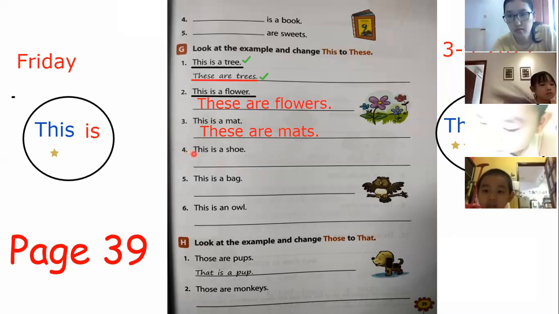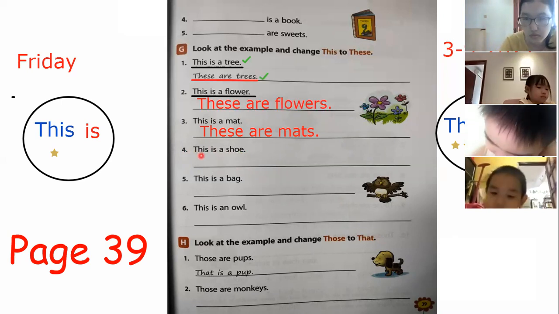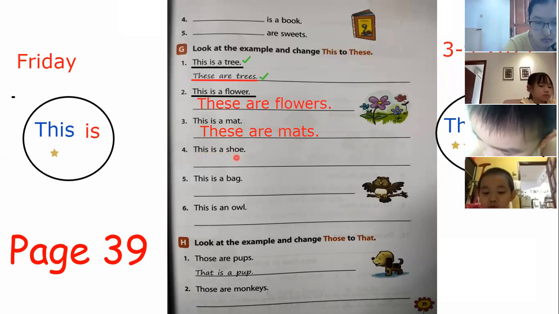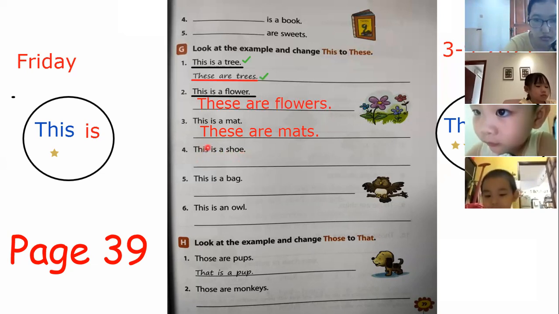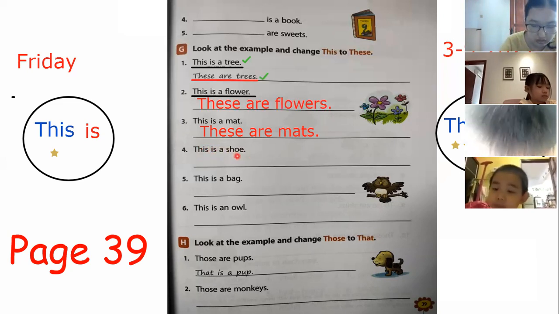We are going to read the sentence here first. So children, please say with teacher. Everybody say with me. This is a shoe. This is a shoe. Very good. This is a singular noun because of the word this is and also shoe. It shows that there is only one shoe.